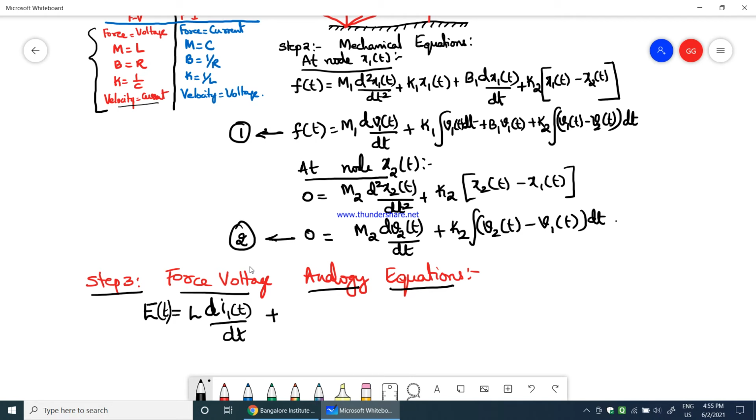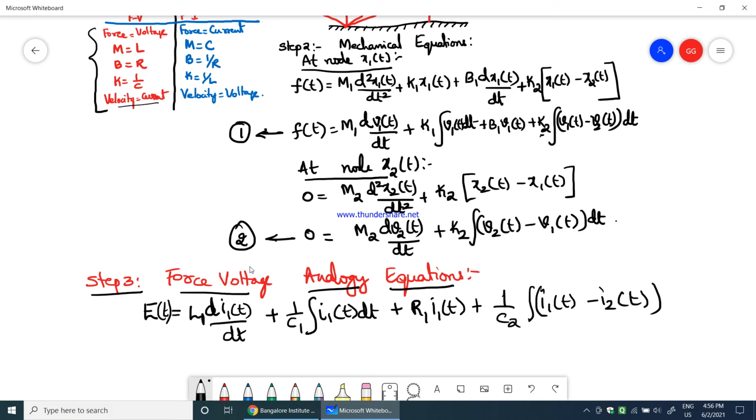Plus K is nothing but 1 over C, therefore K1 is 1 over C1 integration of I1 of t dt, plus B1 is R1, because B equals R, therefore R1 into I1 of t, plus K2 is 1 over C2 integration of I1 of t minus I2 of t whole thing dt. So let me take this as the third equation.